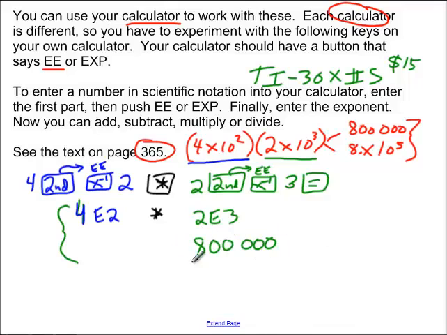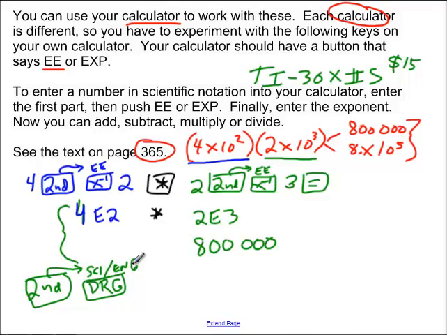To get from 800,000 into scientific notation, I have to push the second function, and at the very top I have a DRG, and above the DRG is SCI/ENG. That second button gets me to the scientific notation or engineering function.